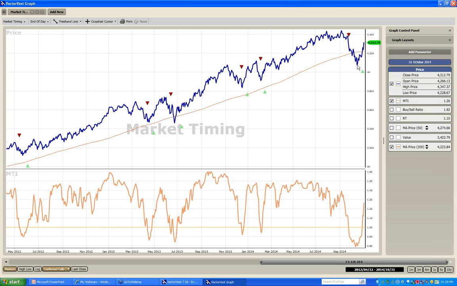So on the 15th, for example, we got a confirmed call up here a few days ago. The last confirmed call. We'll see in a moment how we could have got in much, much earlier. But the last confirmed call, which is the most conservative signal in Vectorbased, happened on the 29th.